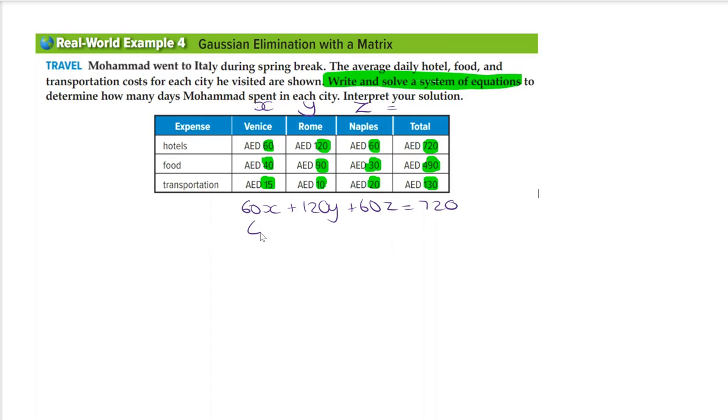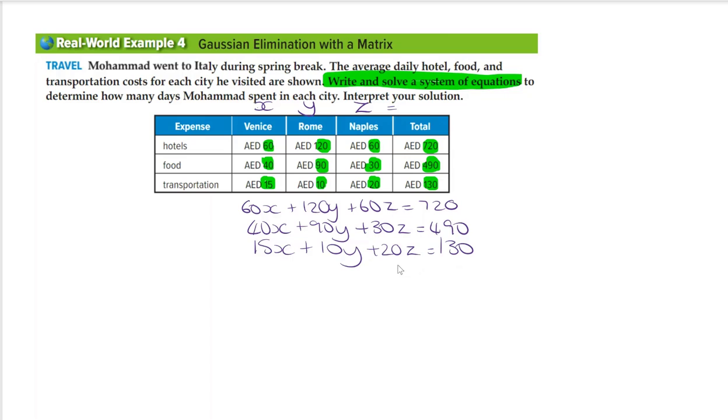And then 40x plus 90y plus 30z is 490. 15x plus 10y plus 20z, this is 130.